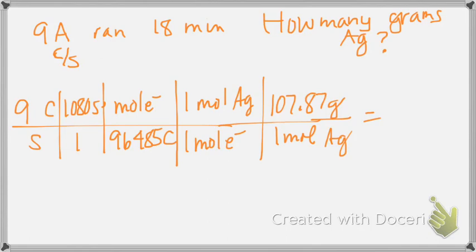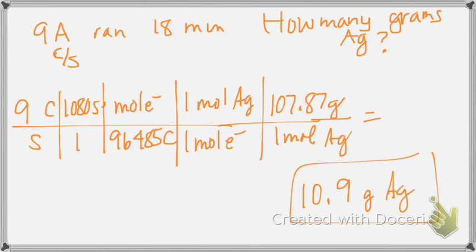We get 10.9, and we're just going to go with 3 significant figures because that's what it is in the problem. So 10.9 grams of silver could be produced if I were to run 9 amps for 18 minutes through that solution. Okay, so I wanted to make sure we did one like that because it is a little bit backwards. So now we'll move on to the next one.